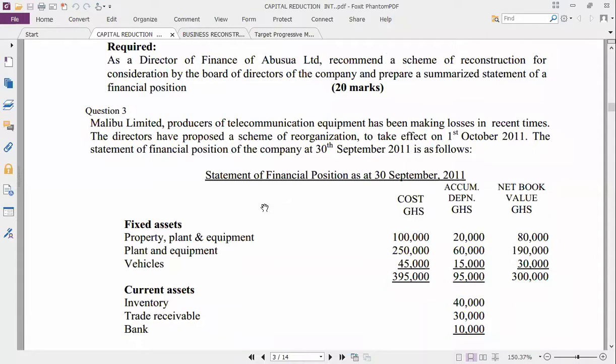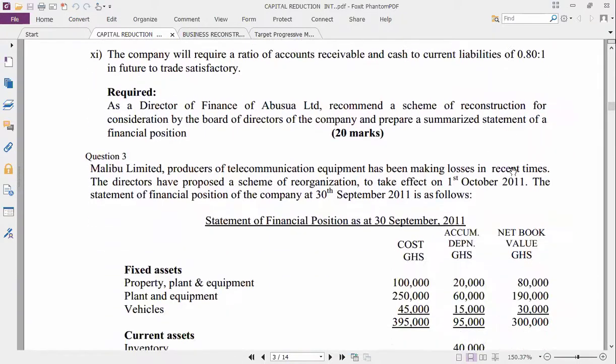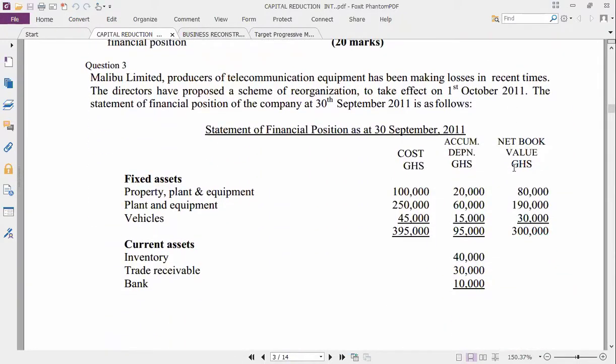Now for capital reduction scheme, before the scheme will be accepted, the scheme must be fair, and treat all the shareholders equally. So let's start. The footnotes start from the top.